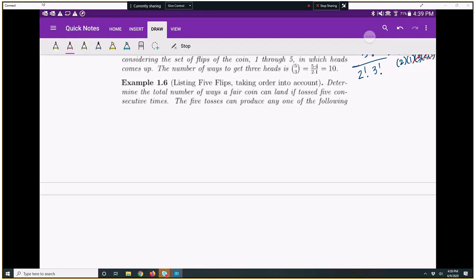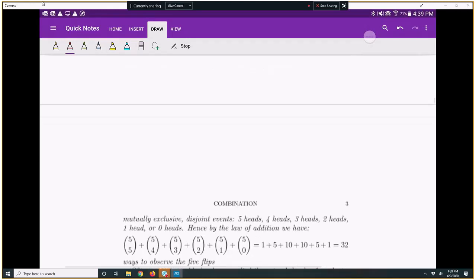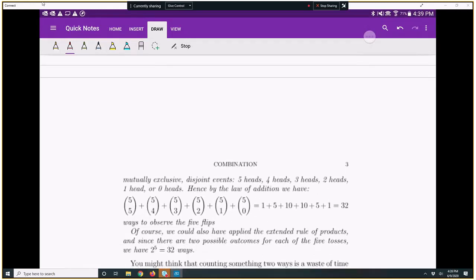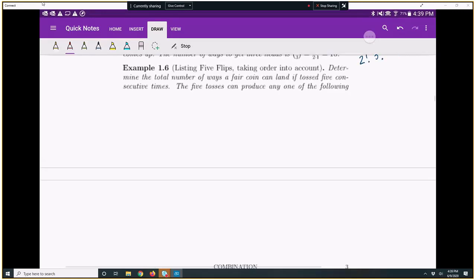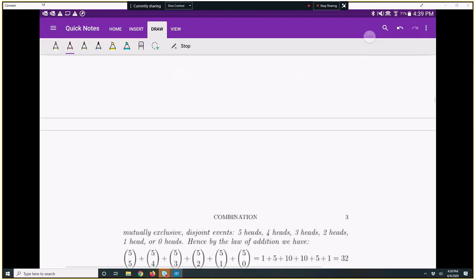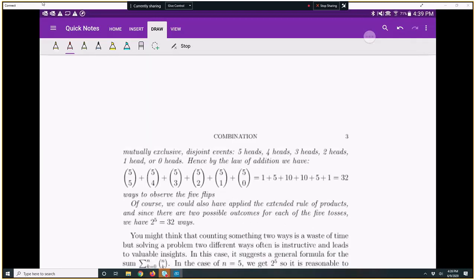Now, if we were taking order into account, then the 5 tosses could produce any one of the following mutually exclusive, disjoint events. Either 5 heads, or 4 heads, or 3 heads, or 2 heads, or 1 head, or 0 heads.